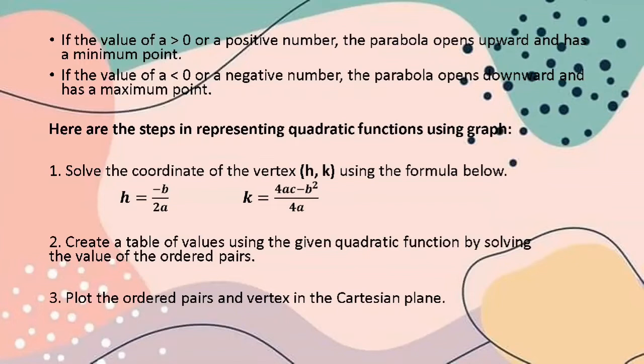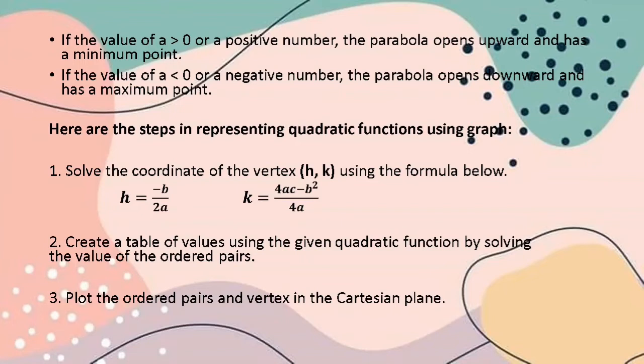If the value of A is greater than 0, or positive, it opens upward and it has a minimum point. Basta pag ang A natin positive number, upward siya and then minimum point. Kapag naman ang A natin is negative number, the parabola opens downward and has a maximum point.